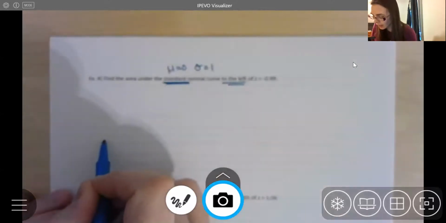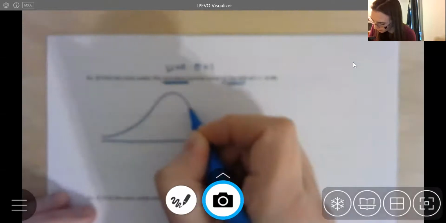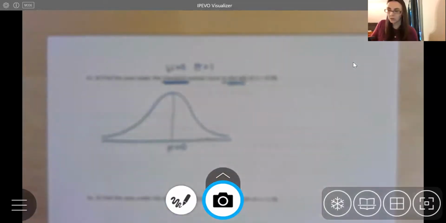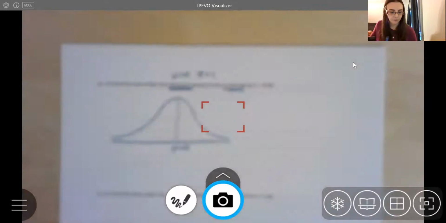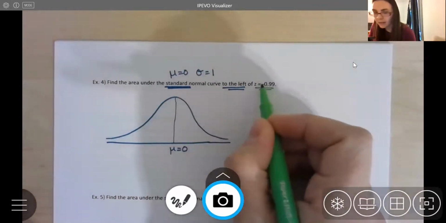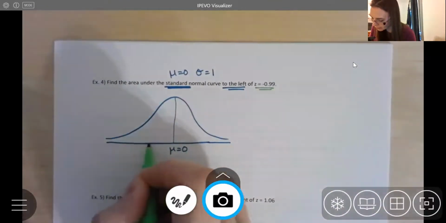The first thing I'm going to do is draw this picture in. It doesn't have to be perfect. My center here is at 0. Oh, this is not focusing, hang on. All right. My z-score is a negative, so it's going to be to the left. It's negative 0.99. Again, I'm just going to estimate it.